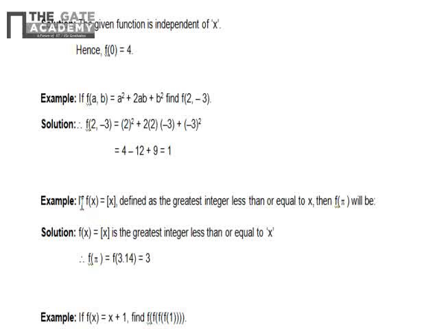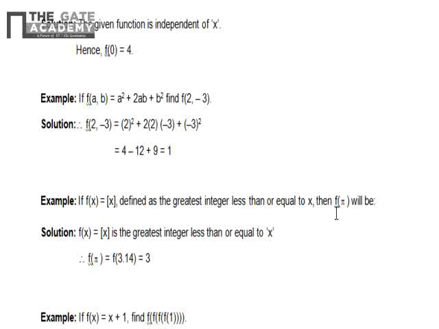Okay. If f(x) is equal to the greatest integer less than or equal to x, then f of pi will be, we know that the value of pi is 3.14 and so on.